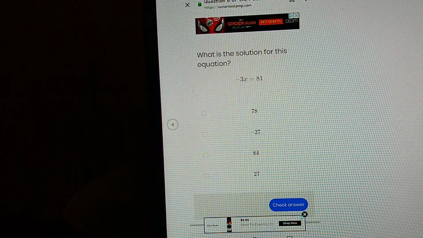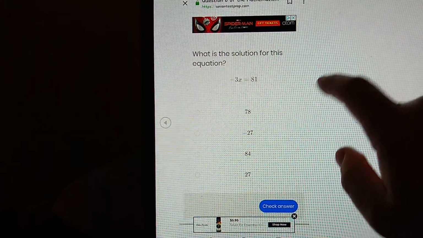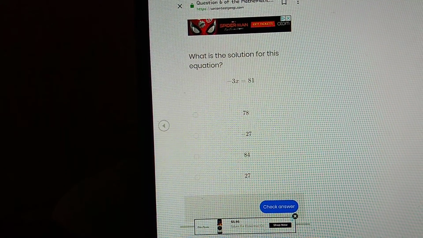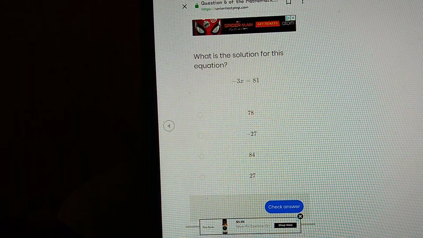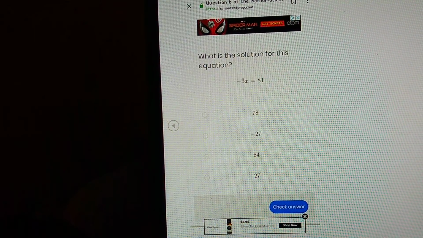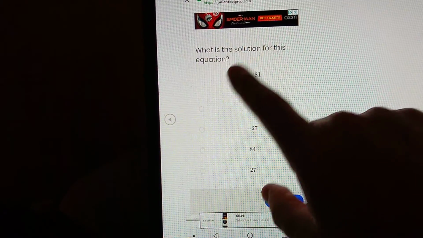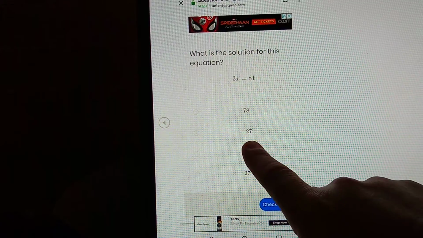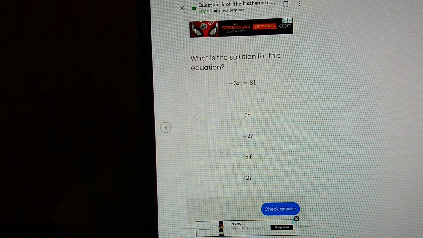That leaves us with 81 divided by negative 3, which, if you just type that into a calculator, equals negative 27. So that would mean that x equals negative 27. So our answer is negative 27.